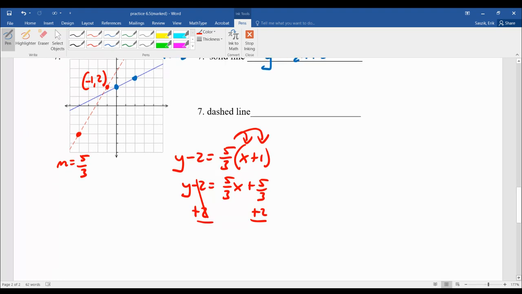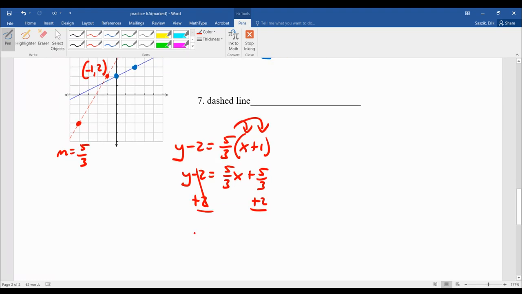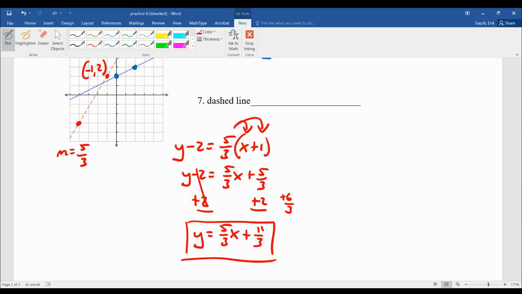And remember, adding 2, you need a common denominator. But you see, 2 is the same thing as 6/3, right? So 5/3 and 6/3 would be 11/3. And there you go. So there's a little bit more work with that one. You might have to put it into point slope form first before you can put something into slope intercept form. All right.